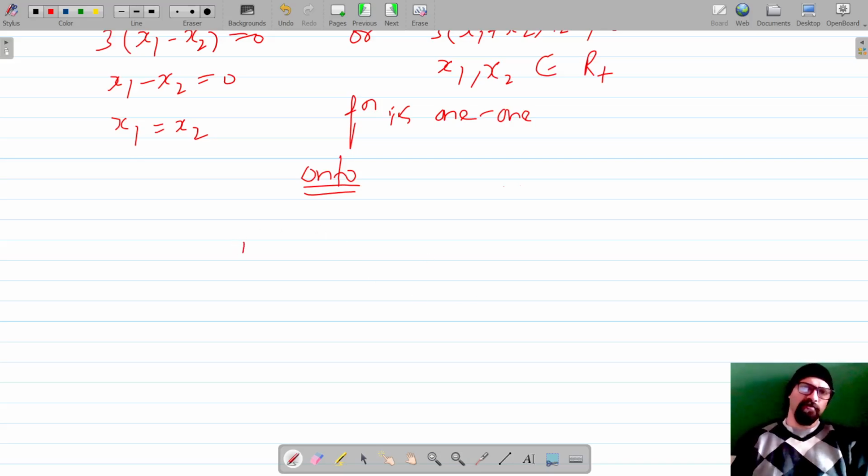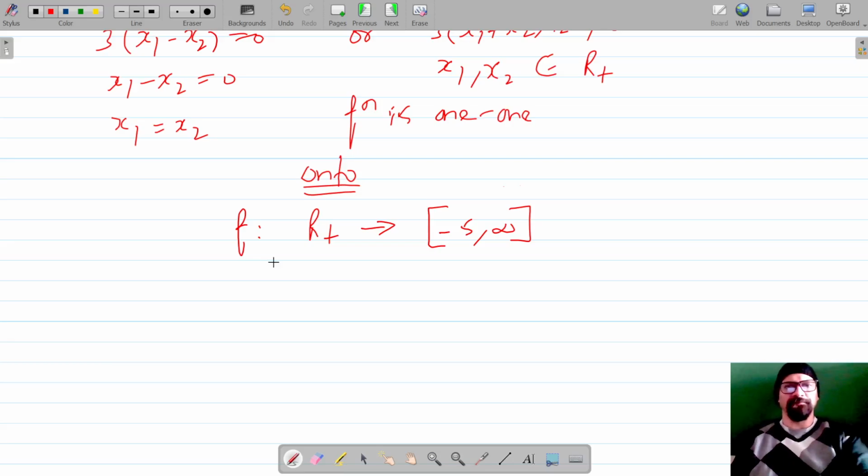So for onto, our function goes from the set of non-negative real numbers to -5 to infinity, and f of x is defined as 9x squared plus 6x minus 5. So when will this function be onto?